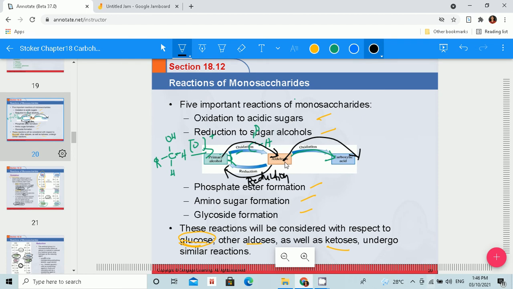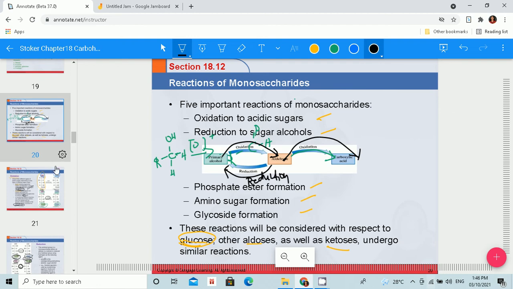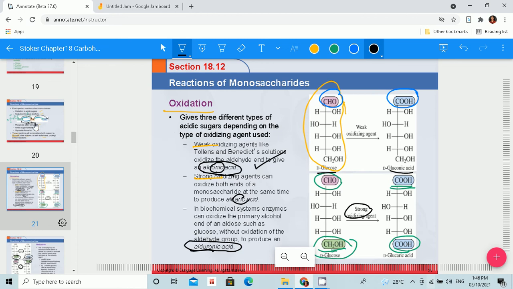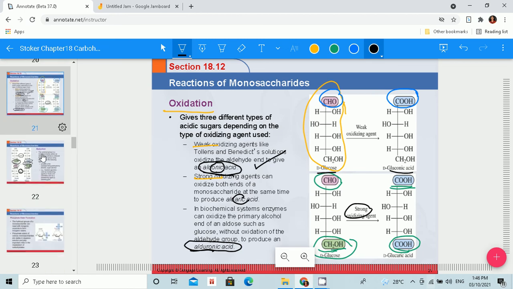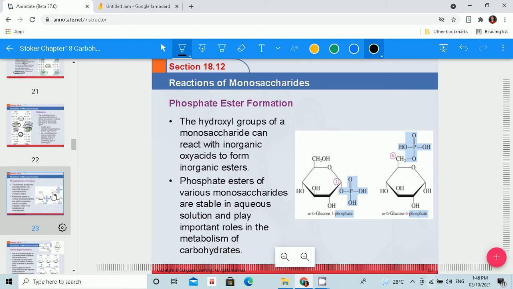And from aldehyde to carboxylic acid, that's still oxidation. So mostly we use Tollens reagent as our oxidizing agent, or oxygen, since oxidation is an addition of oxygen. And then we have reduction. So that's it.